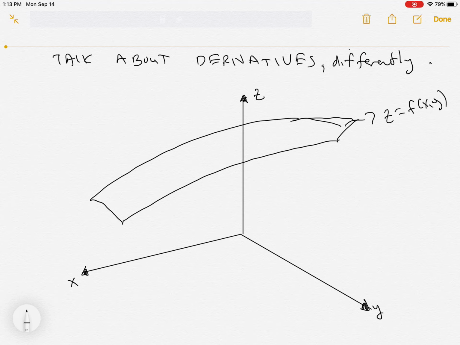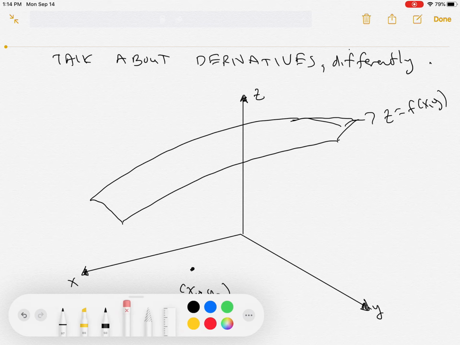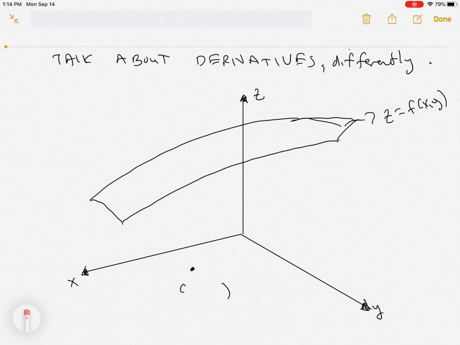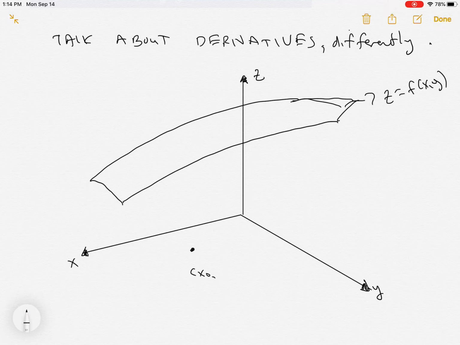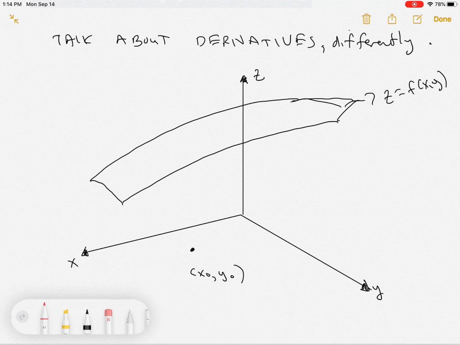And then somewhere down here is the point x naught, y naught. Let me clean that up. So somewhere down here is the point x naught, y naught, okay?